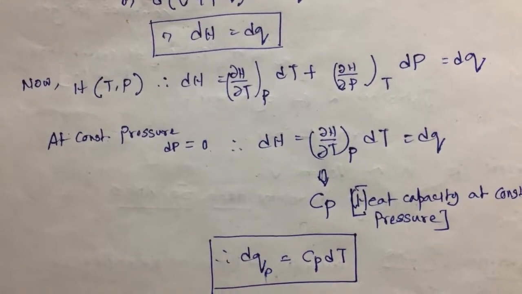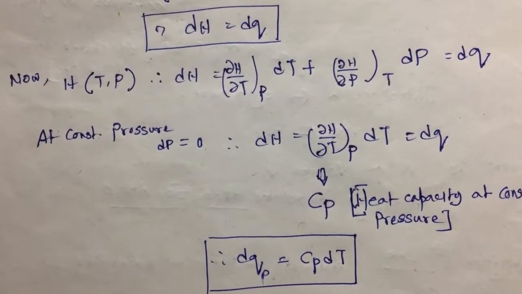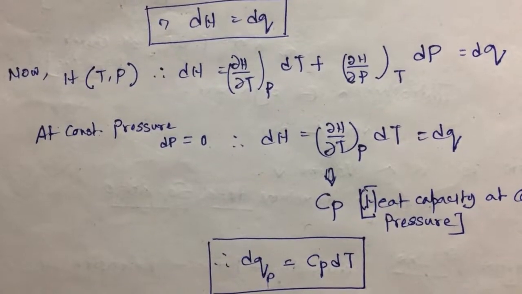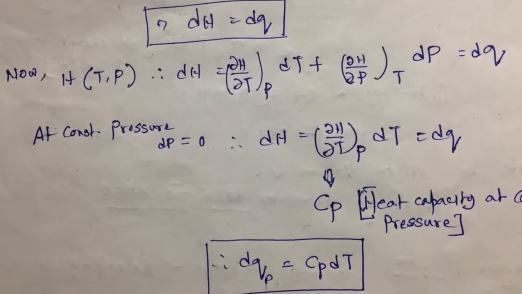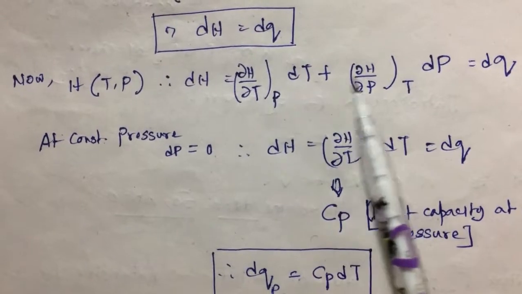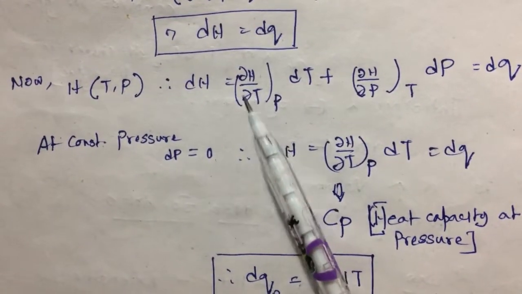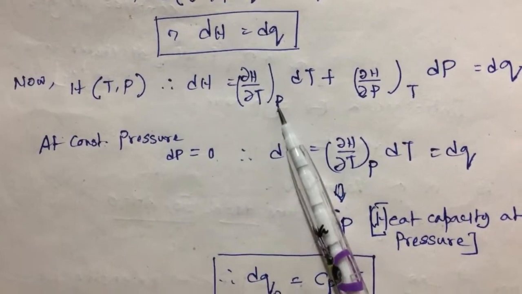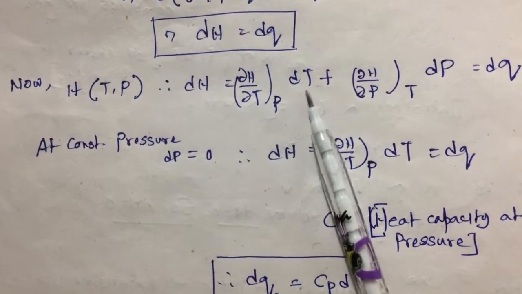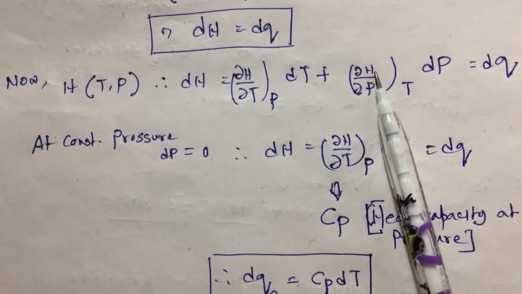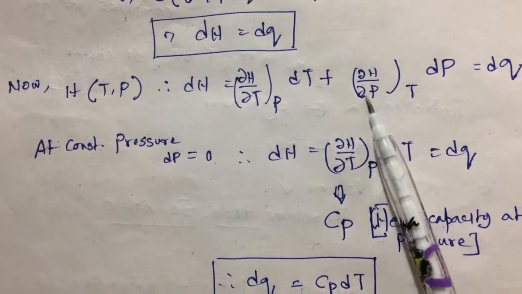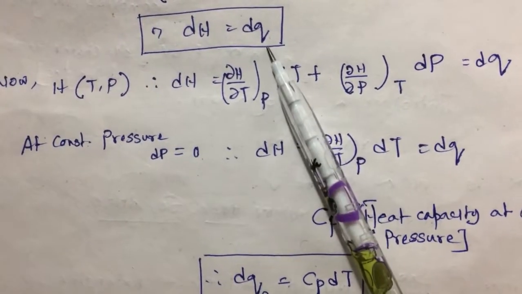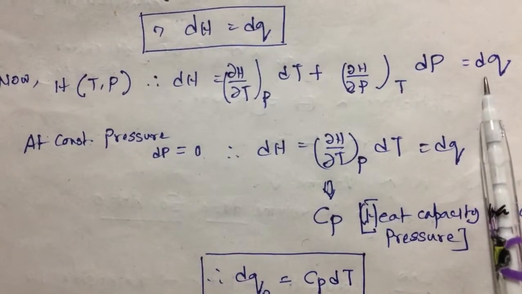Now, similarly, like internal energy, which is a function of temperature and volume, we write enthalpy as a function of temperature and pressure. The total derivative of the enthalpy in terms of partial derivatives is the partial derivative of enthalpy with respect to temperature at constant pressure times dT, plus the partial derivative of enthalpy with respect to pressure at constant temperature times dP, and this is by virtue of the equation dH equals dQ.